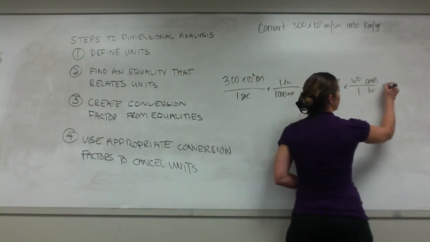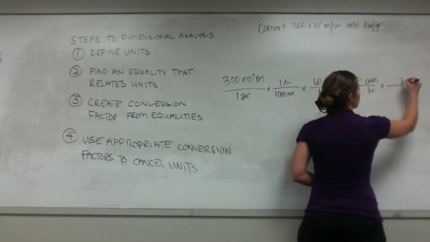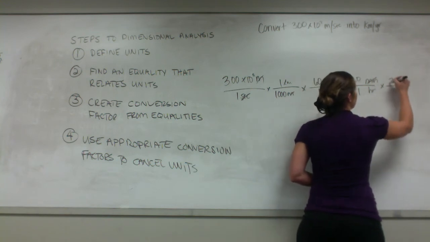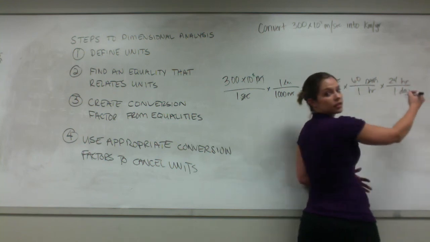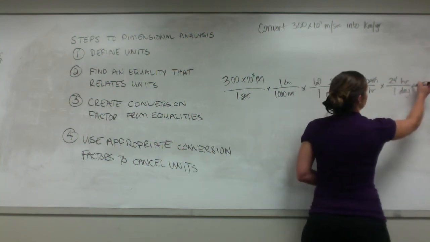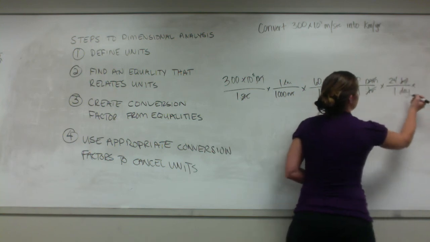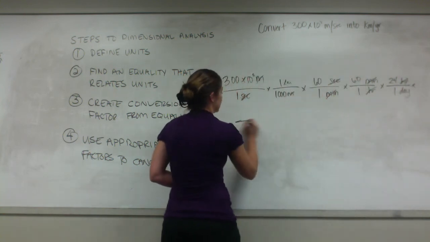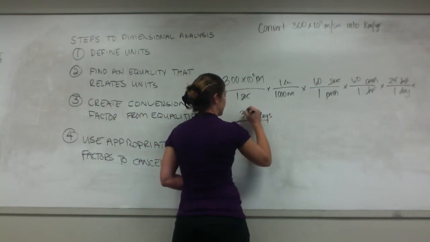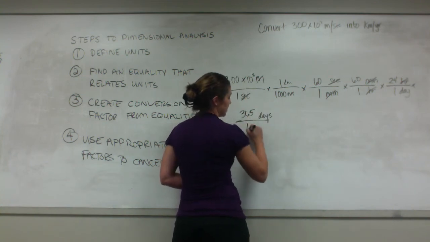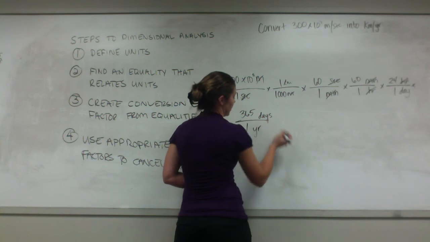So now we're in hours, but it's on bottom, so we need it on top to cancel it out. There's 24 hours per 1 day. You guys can still kind of see it. So now we have days on bottom, so we need days on top. There's 365 days in 1 year.